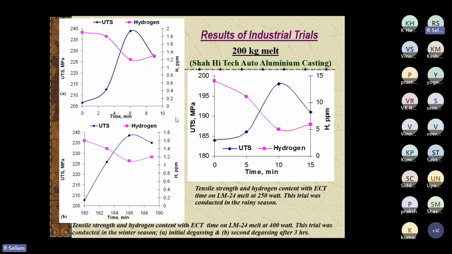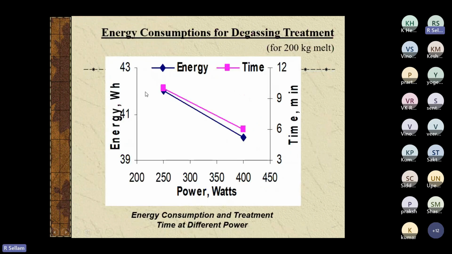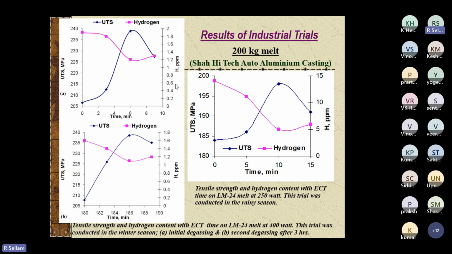But the fact is, if you degas the hydrogen and leave the bath open for several hours, around 3 hours, 180 minutes, the hydrogen picks up again, so you have to do the degassing again, and again the same pattern follows.